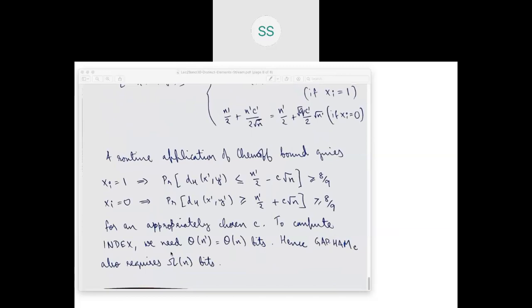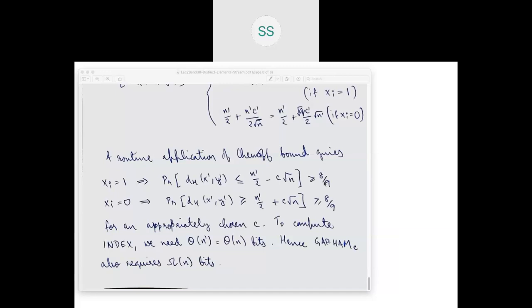So given an instance of index, you convert it into an instance of gap Hamming, and solve the gap Hamming. So there may be some error, which is here 1 by 9, in the instance itself. It might not have translated the way we want. There will be some error in the gap Hamming problem protocol itself, which is some epsilon. But these two errors put together also will be small, and hence this gives us a low error protocol for index.